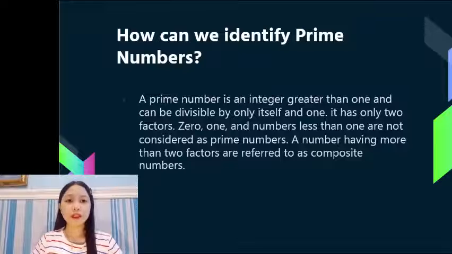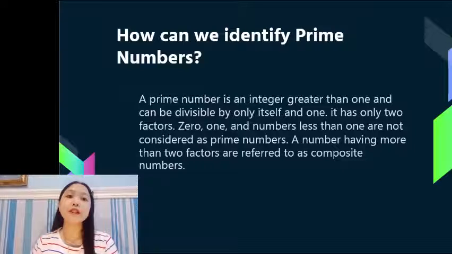How can we identify prime numbers? A prime number is an integer greater than 1 that is divisible only by itself and 1. It has only two factors. 0, 1, and numbers less than 1 are not considered prime numbers.